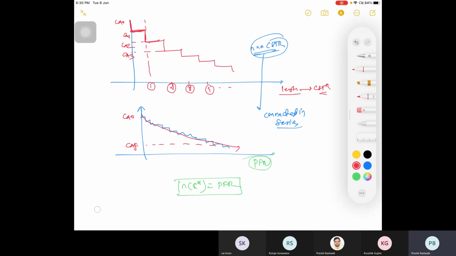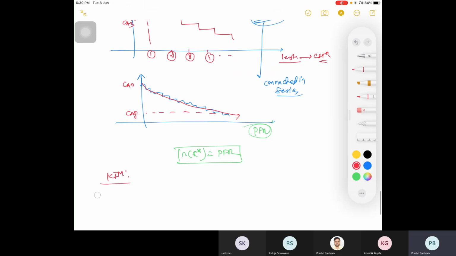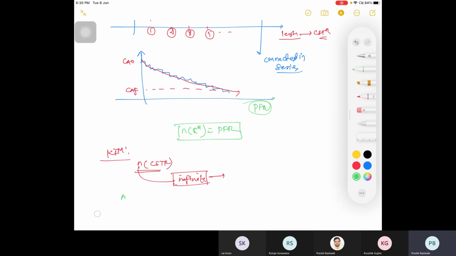Okay, now please keep in mind, I told you n number of CSTRs, or an infinite number. Is it practical to have an infinite number of CSTRs? No, right? So I'll write that at least 7 CSTRs should be connected in series to have the same concentration profile as a single PFR.